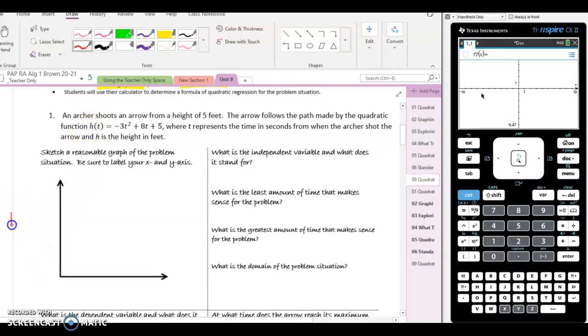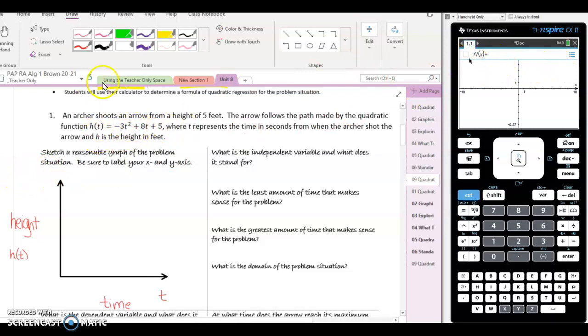The height is going to be our dependent variable, so that's going to be our y-axis, and our time is our independent variable. That's the thing that's going to cause something to happen, something to take place. So time is our t, and height is our h of t. Input and output.